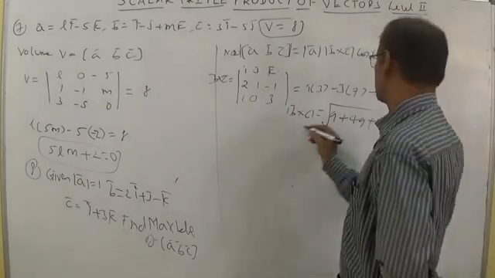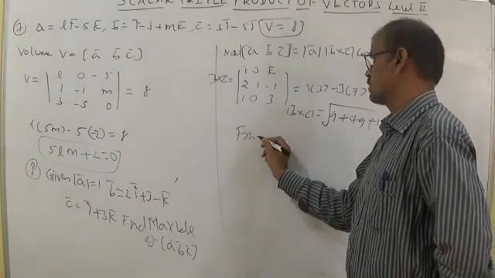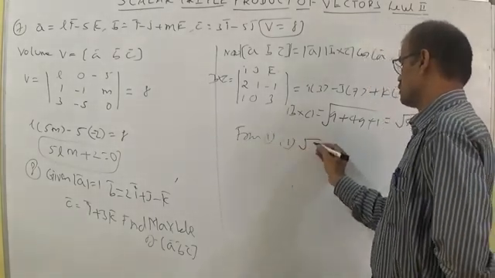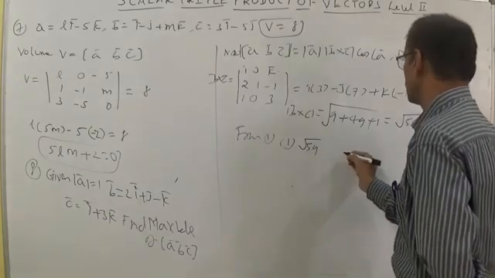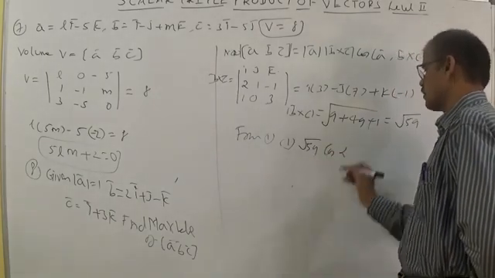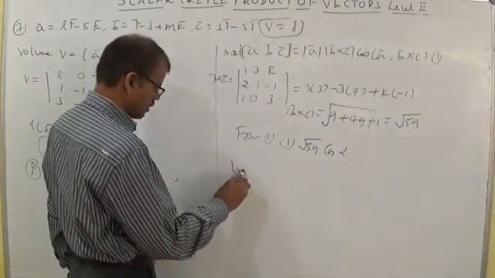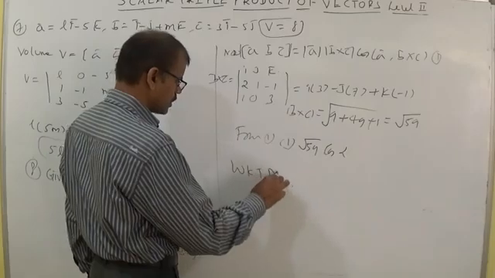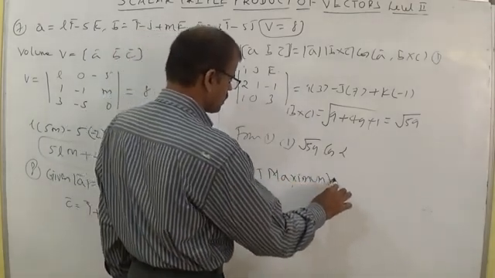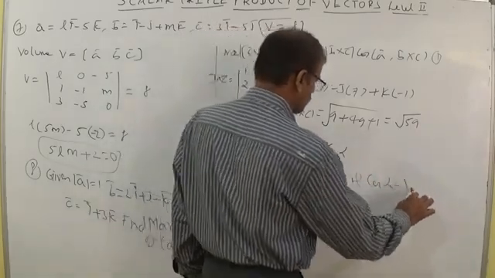Now we can write here 1 I am writing. From 1 we can say that modulus A means 1 into this is root 59 into, let us write this one as cos alpha. We know that maximum value of cos alpha is equal to 1.